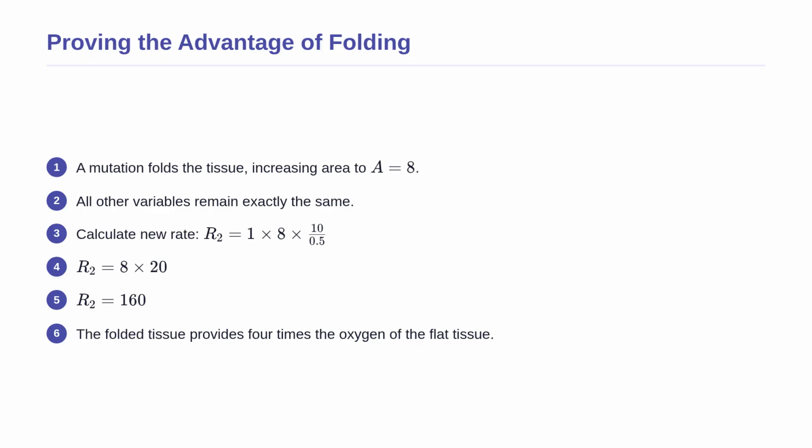The math shows us that the new diffusion rate jumps to 160 units of oxygen per minute. By simply folding the tissue, the animal absorbs 4 times as much oxygen. This mathematical proof shows exactly why highly folded structures like gills and lungs became the dominant anatomical features in all active vertebrates.